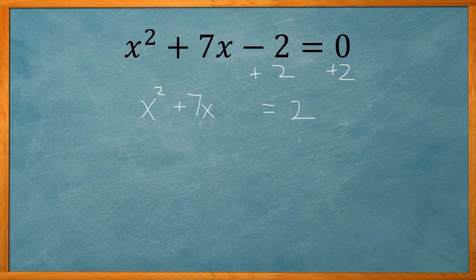Then the next step is to take the x coefficient, divide it by 2, and square it. So 7 divided by 2, then square it. 7 times 7 is 49, and 2 times 2 is 4, so it gives me 49 fourths. I'm going to add that value to both sides.